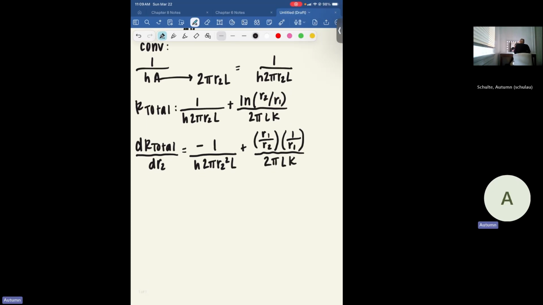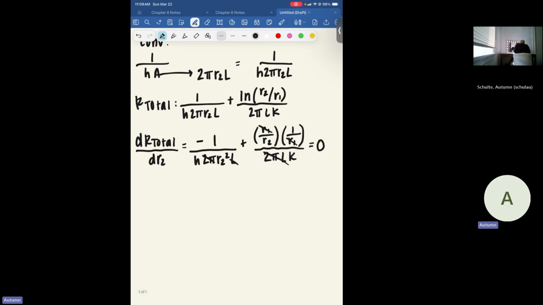Now, if we want to find an extrema, we are going to have to set this equal to 0. So to solve for R2, we can cancel our 2 pi L terms, and our R1s cancel as well.